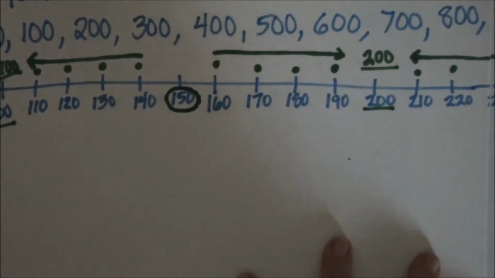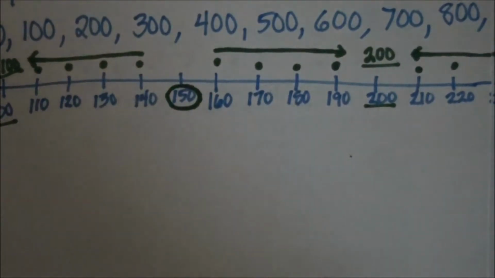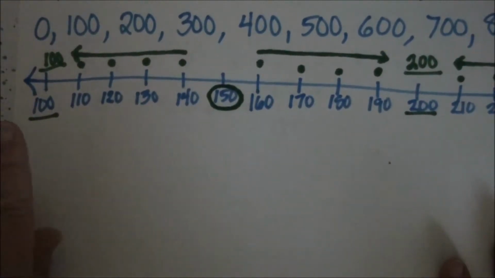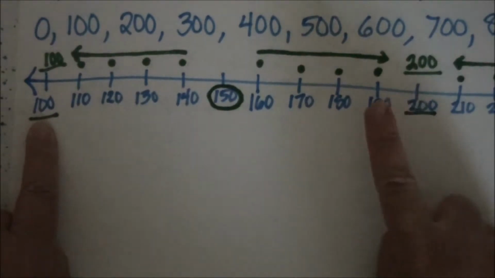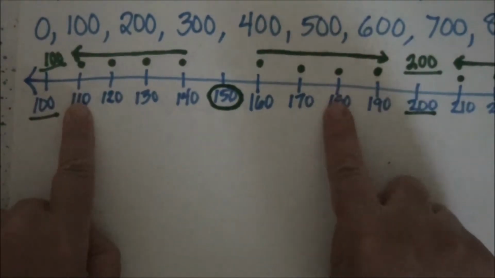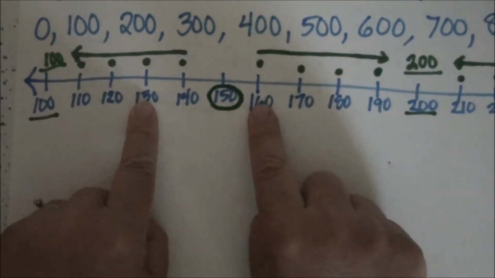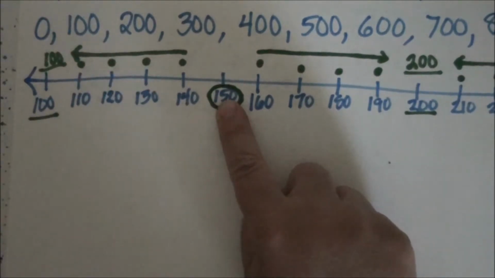Now, remember our rule about the number exactly in the middle? If I use my fingers to demonstrate the number in the middle, I'll put one finger at 100, one finger at 200, and move each one in one step at a time. Boom, 150 is exactly in the middle.